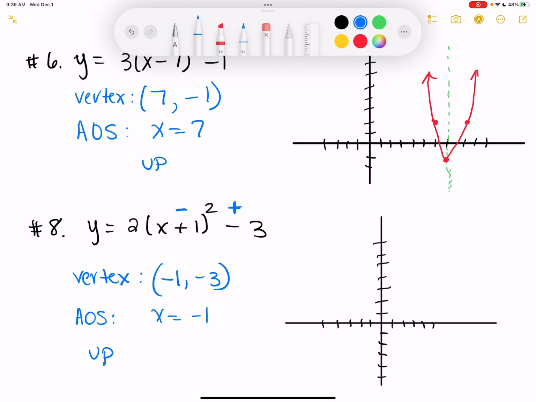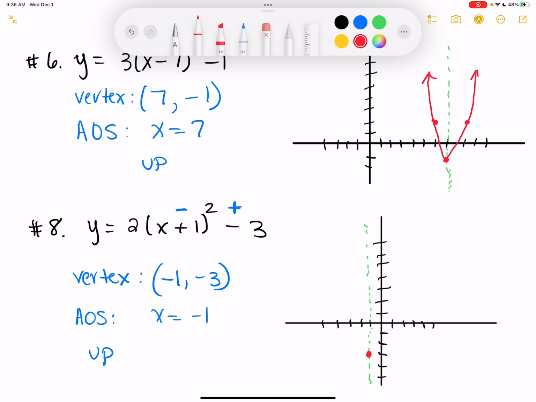All right, so axis of symmetry at -1, vertex at -1, -3. Now for this one, 0 is probably not bad.